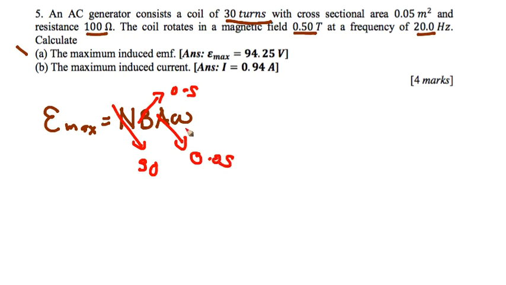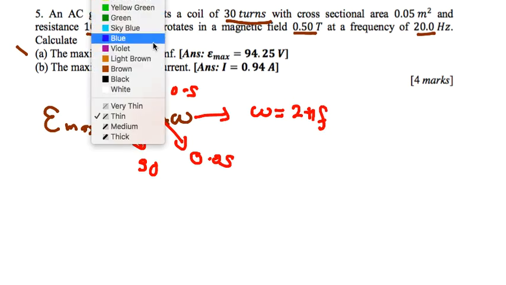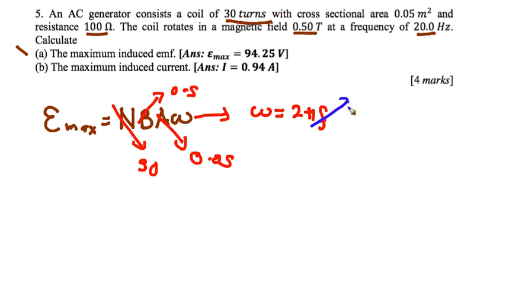And the omega. So what is the omega here? As you know, angular frequency omega can be related to the frequency: omega is 2 pi f, and the frequency is 20 Hz.